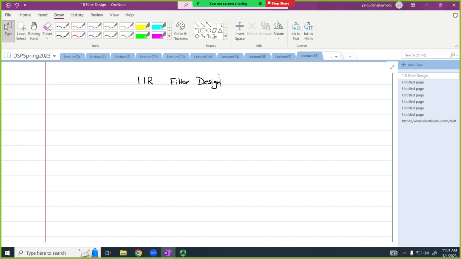Okay, so then we said if we looked at the frequency responses that we generated using the pole zero, some of them looked very sharp, and we said we can flatten the frequency response. And to do that, we can place multiple poles and zeros.